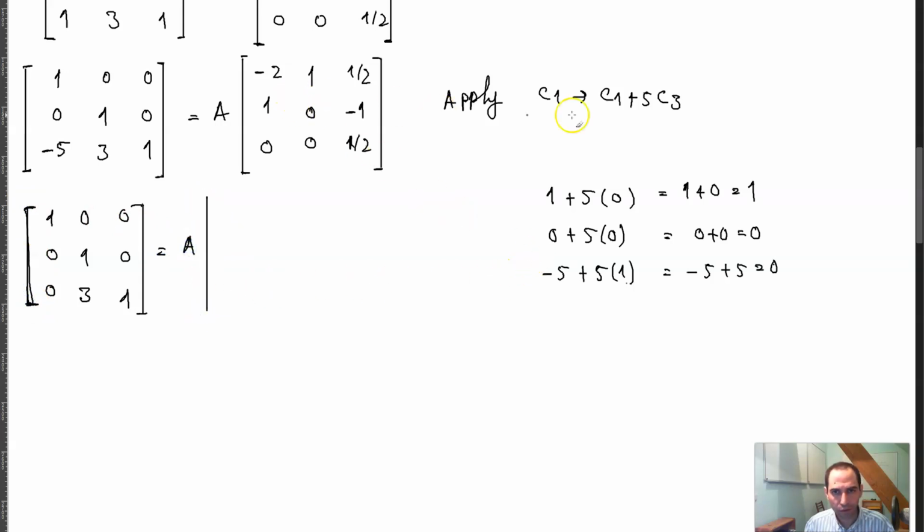The second matrix, you have column 1 plus 5 times column 3.